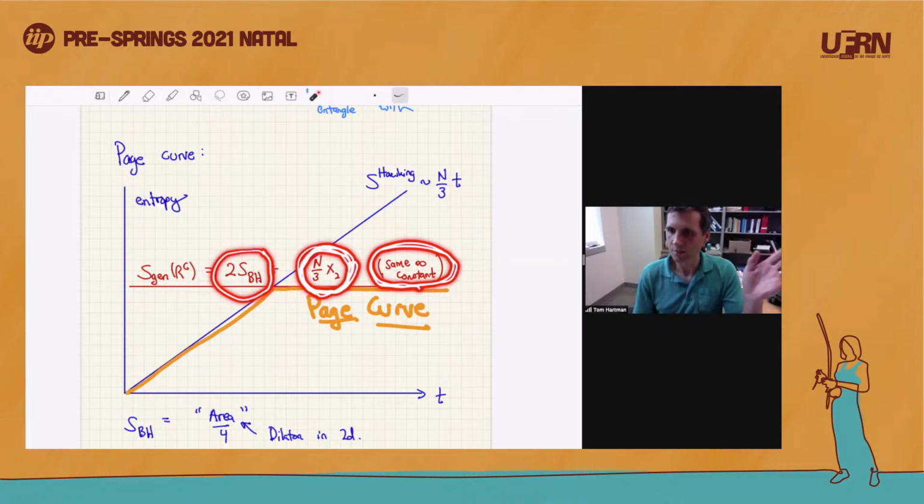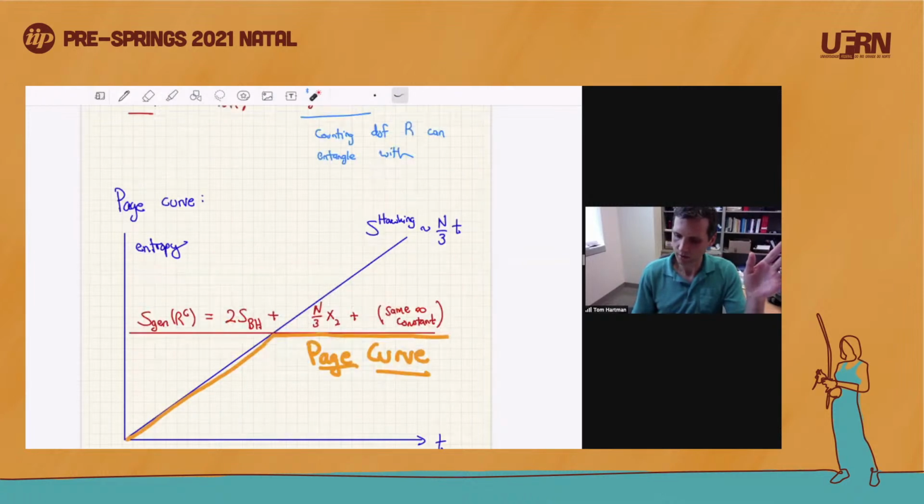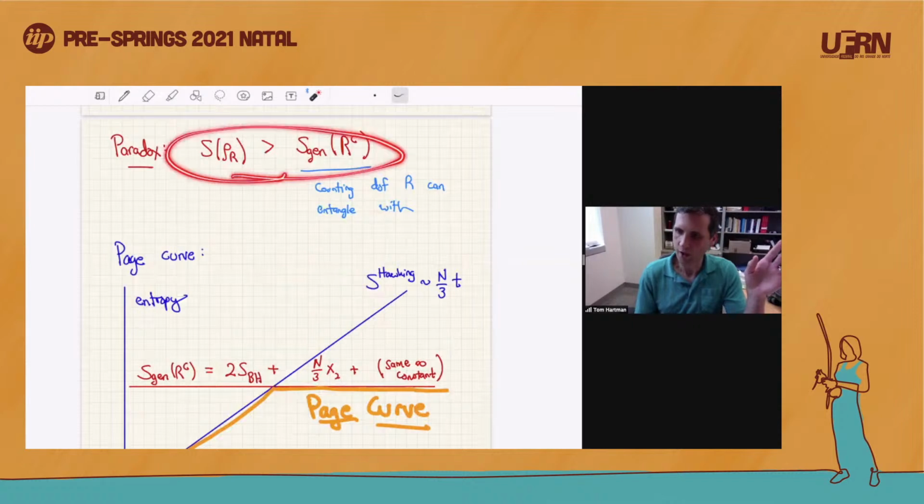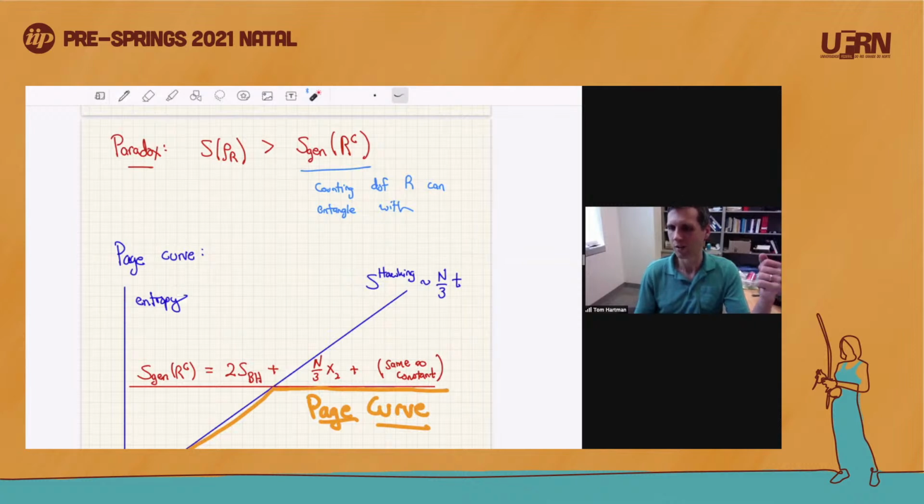And that's important here because remember the paradox is when these two lines cross. So we do have to be careful about first subtracting off those UV divergences and then comparing the two sides. If the UV divergence didn't match, then we wouldn't be able to make this comparison.